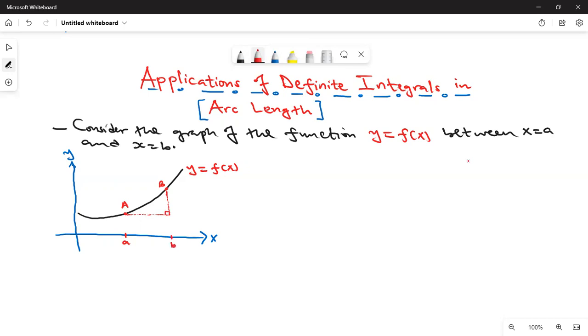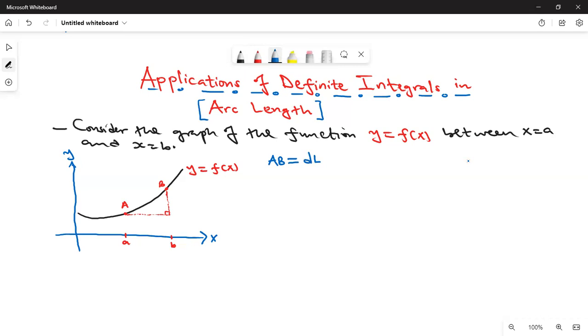Now, the length, the distance from A to B, we are going to denote that by dl. It's a very small portion.